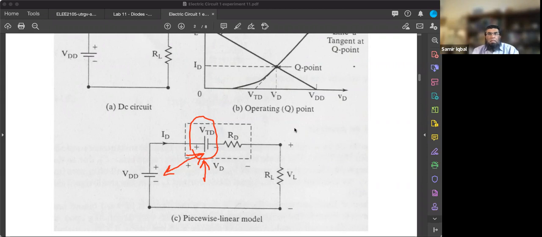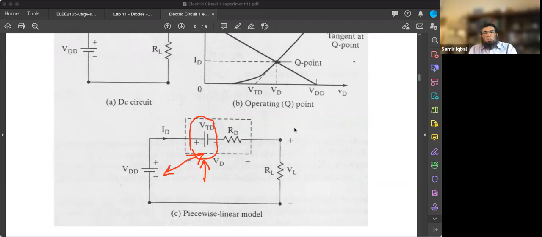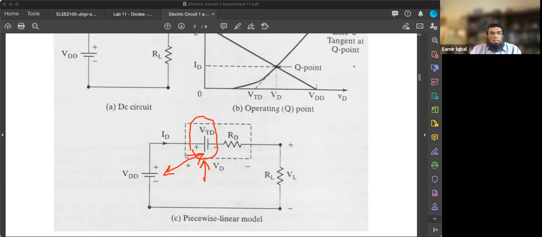Does it make sense? So VTD is that break-in voltage or threshold voltage. The source voltage has to overcome that before the current starts flowing through the diode. And the diode has its own resistance, has its own potential drop. So this is just showing that in this picture.